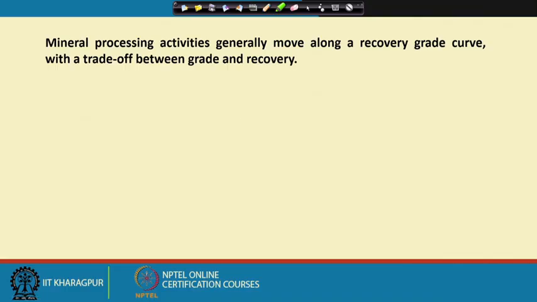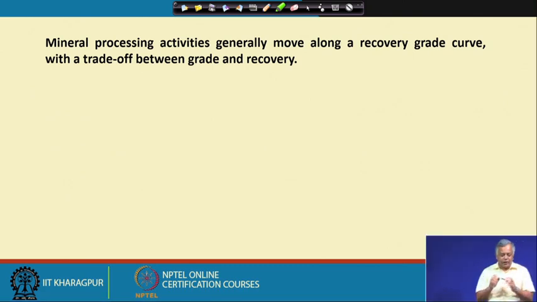So, mineral processing activities generally move along a recovery grade curve with a trade off between grade and recovery. That means, I have to find out the optimum grade and the optimum recovery, as I explained to you earlier, where I get maximum return on my investment.